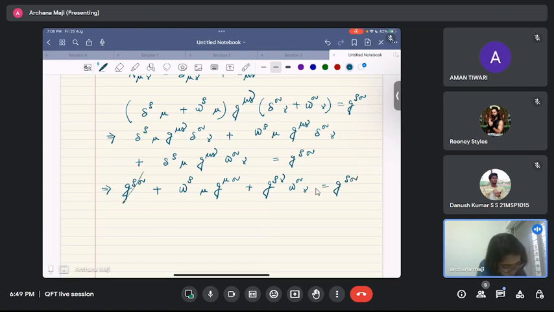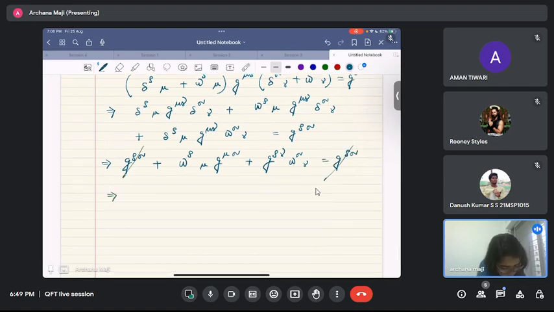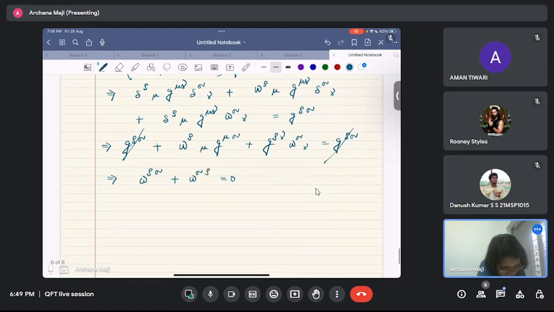So these two get cancelled out and we are left with omega rho sigma plus omega sigma rho equal to 0, which means omega rho sigma is actually minus omega sigma rho.